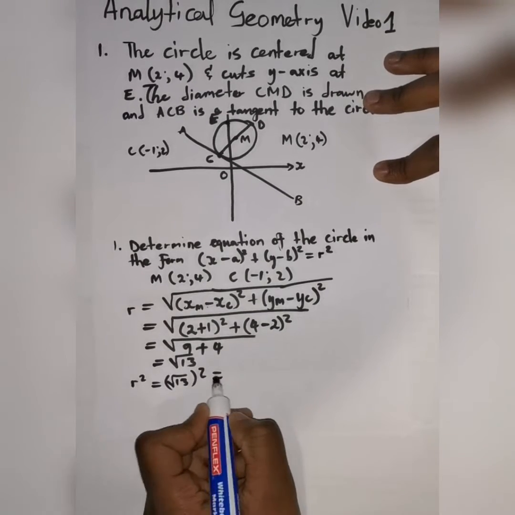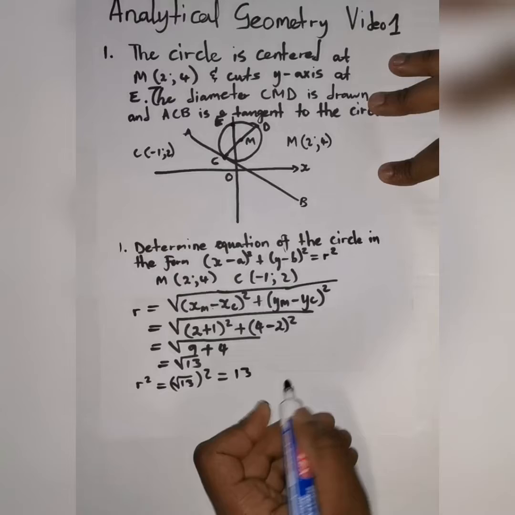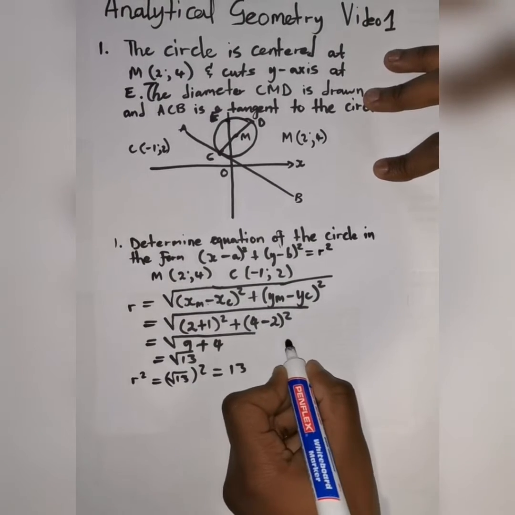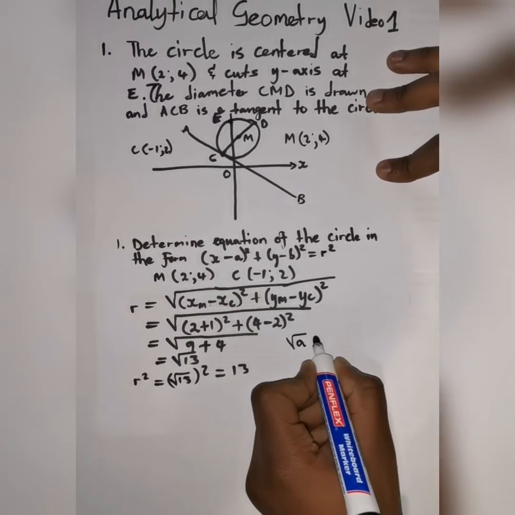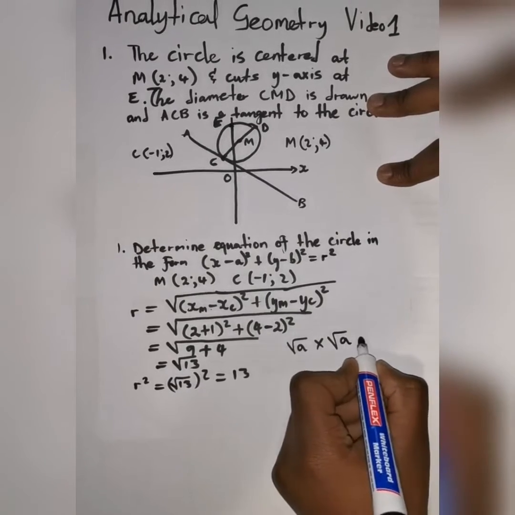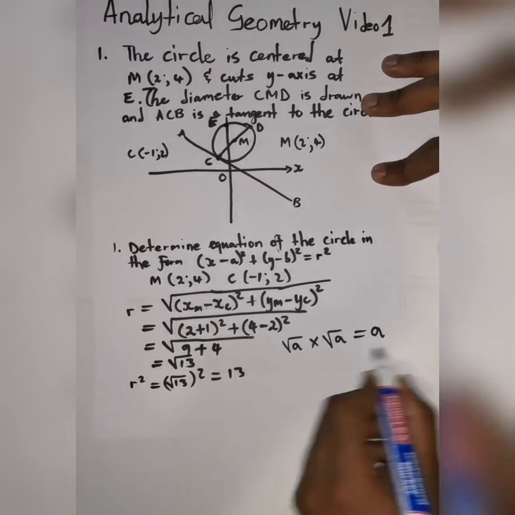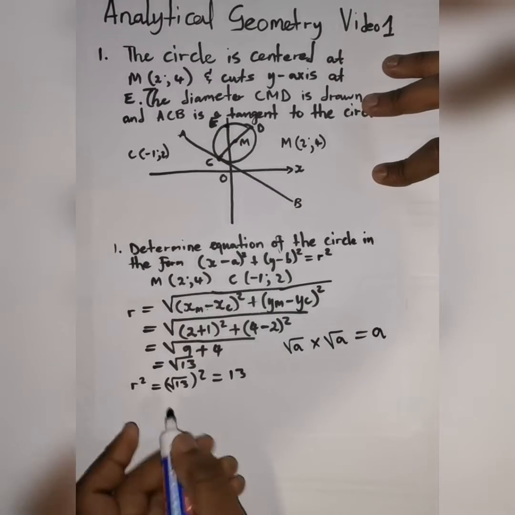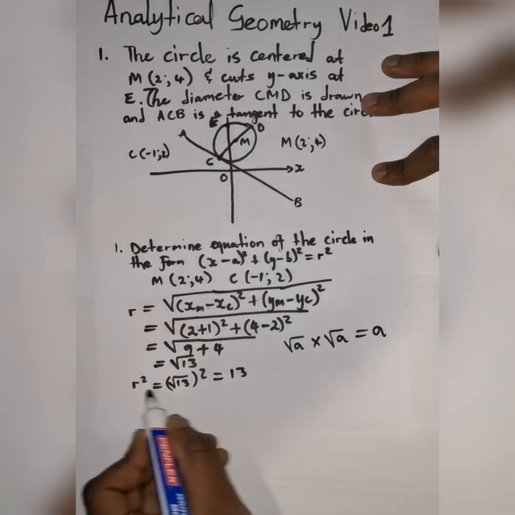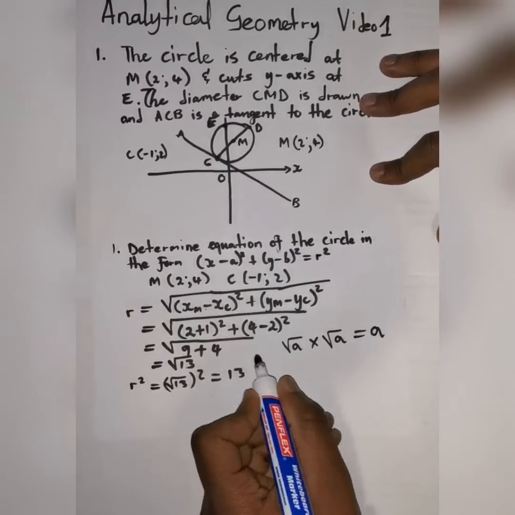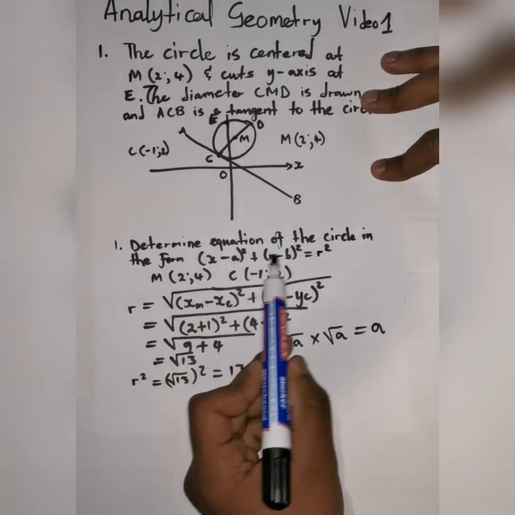This gives us 13. This comes from the fact that root A times root A is equal to A, from the laws of surds. So we have R squared, then we need to determine A and B.